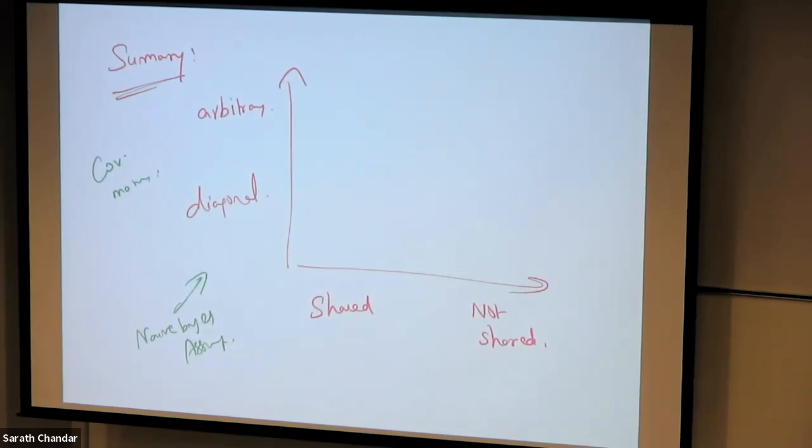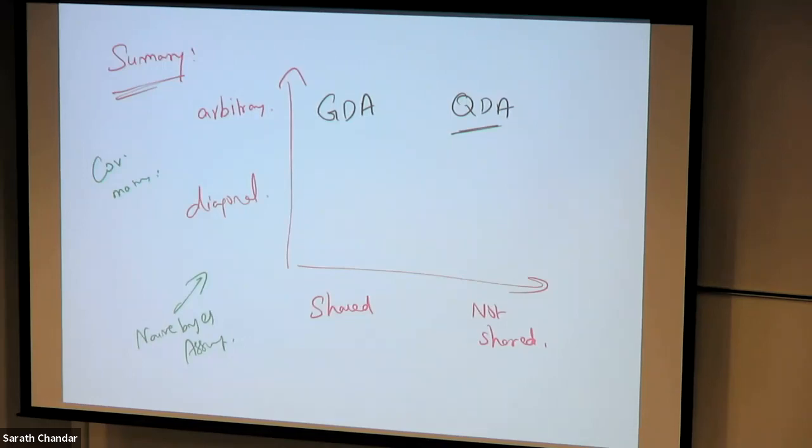When you share covariance matrices and have arbitrary covariance matrices, that is what our first algorithm was, GDA, right? Now, when you take GDA and do not share covariance matrices, what would you get here? QDA, right? When you don't share your covariance matrices, you get QDA.